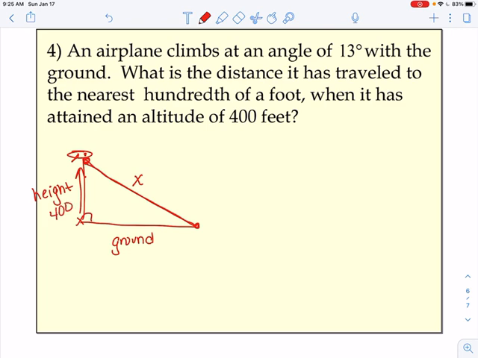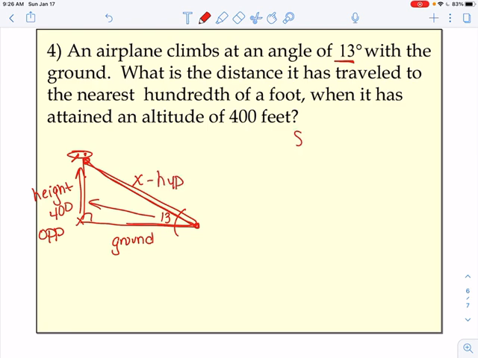So there's going to be my 400 feet. Okay, the other thing I need is my angle. It climbs at an angle of 13 degrees with the ground. So the plane with the ground, that's going to be this angle right there, which is going to be 13. Okay, so with relation to that 13, that side is directly opposite, and x is your hypotenuse.